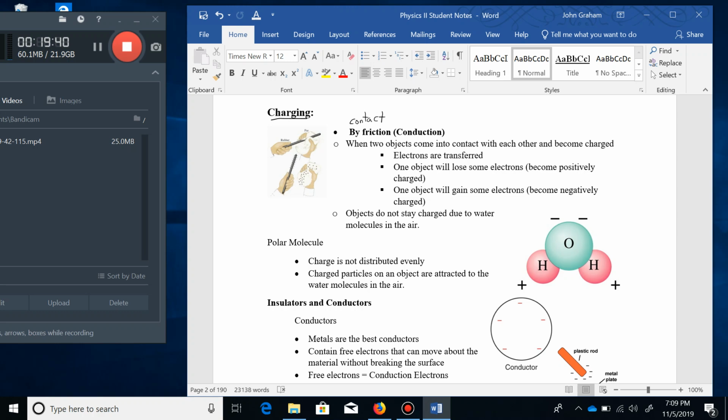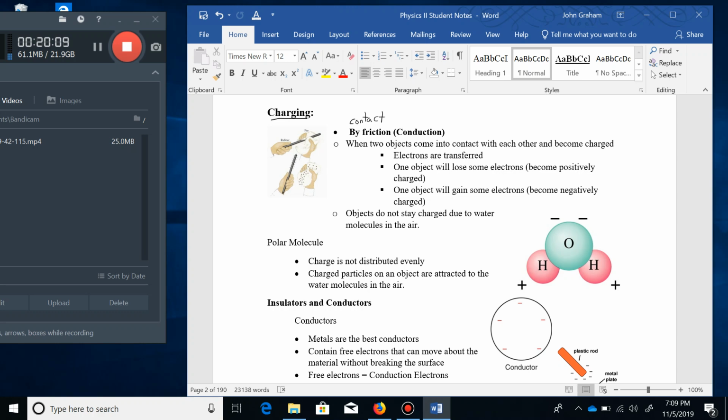And so a good example is taking a steel rod, rubbing wool on it, taking your socks, rubbing them on the floor, even taking your hand and rubbing it along an animal can transfer electrons from one object to the next. And when that happens, one becomes positively charged, one becomes negatively charged.